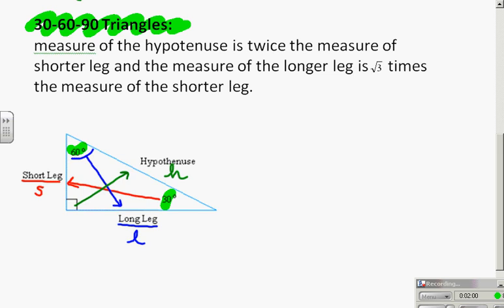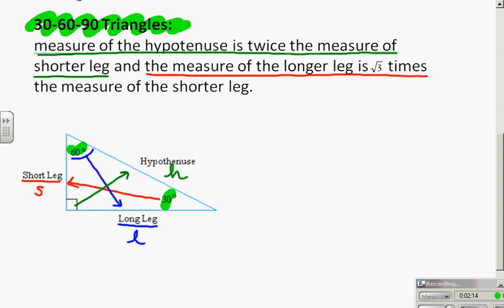Now, in words, it says the measure of the hypotenuse is twice the measure of the shorter leg. There's our first formula. And the measure of the longer leg is square root of 3 times the measure of the shorter leg. Again, that sounds like a lot of words and very confusing, but it boils down to two simple formulas.